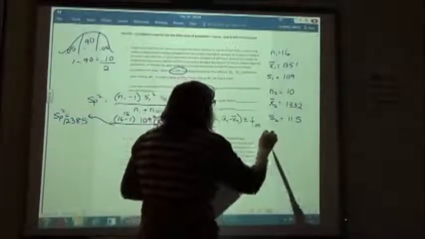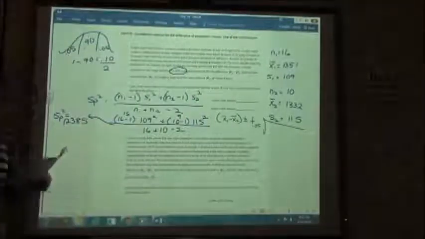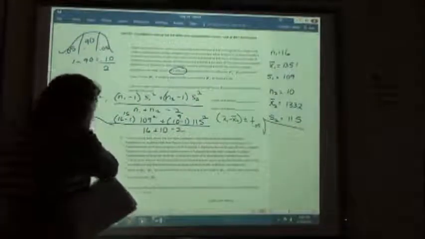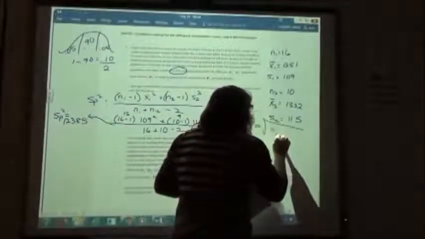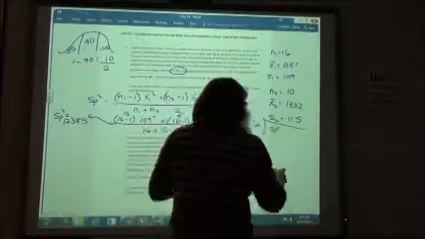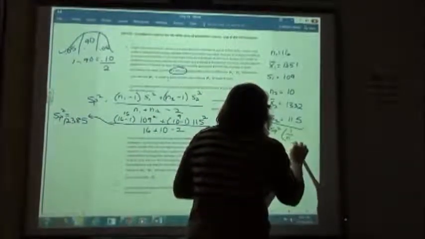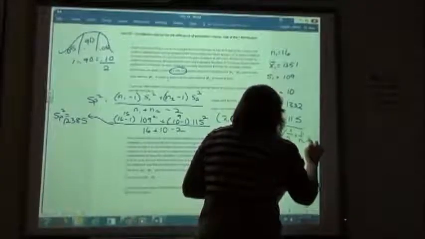And then we're going to have the square root of, but I have to smush it down there, the square root of my S_p squared answer. That was that number we found over here, times 1 over N1 plus 1 over N2.